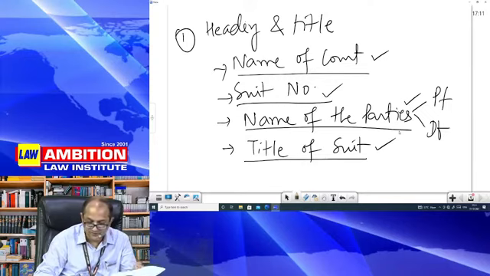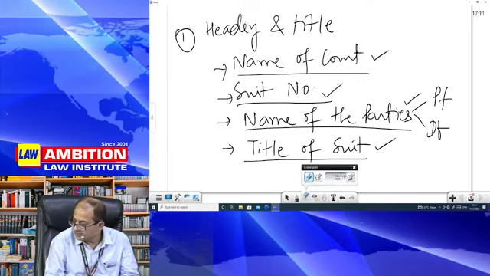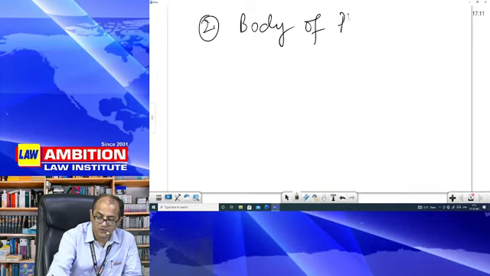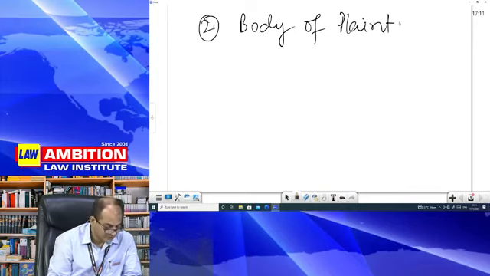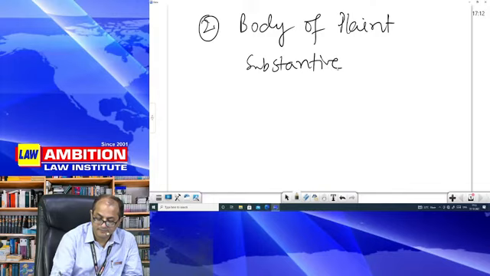Body of the plaint, this is the second thing. Now what is there in the body of the plaint? You just see carefully: substantive portion, and formal. In law, pleading has divided the plaint into two parts, substantive and formal.